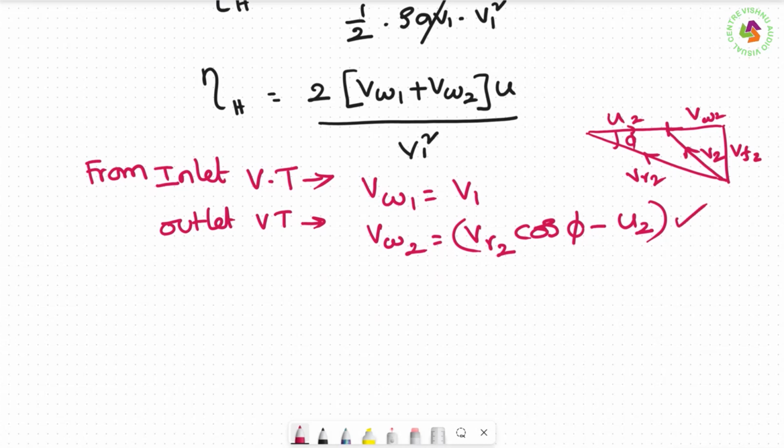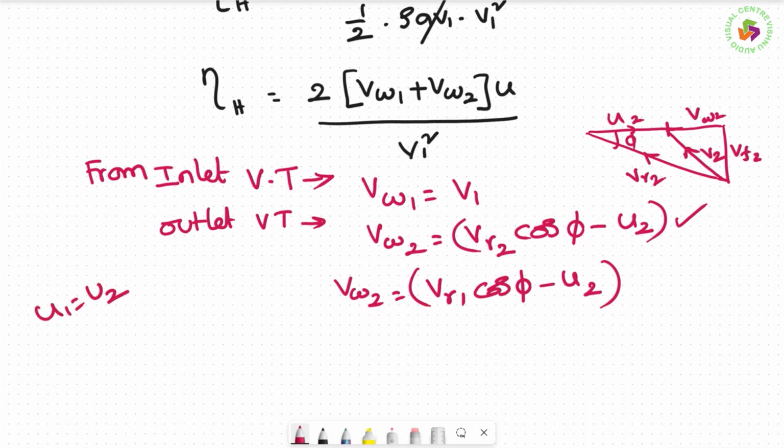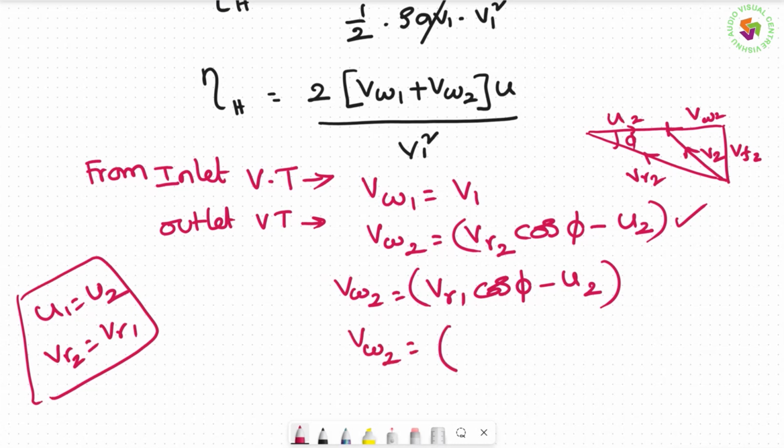Now VR2 is equal to VR1, and we already mentioned U1 is equal to U2. So VR1 is equal to V1 minus U, and VW2 is equal to (V1 minus U) into cos phi minus U1.